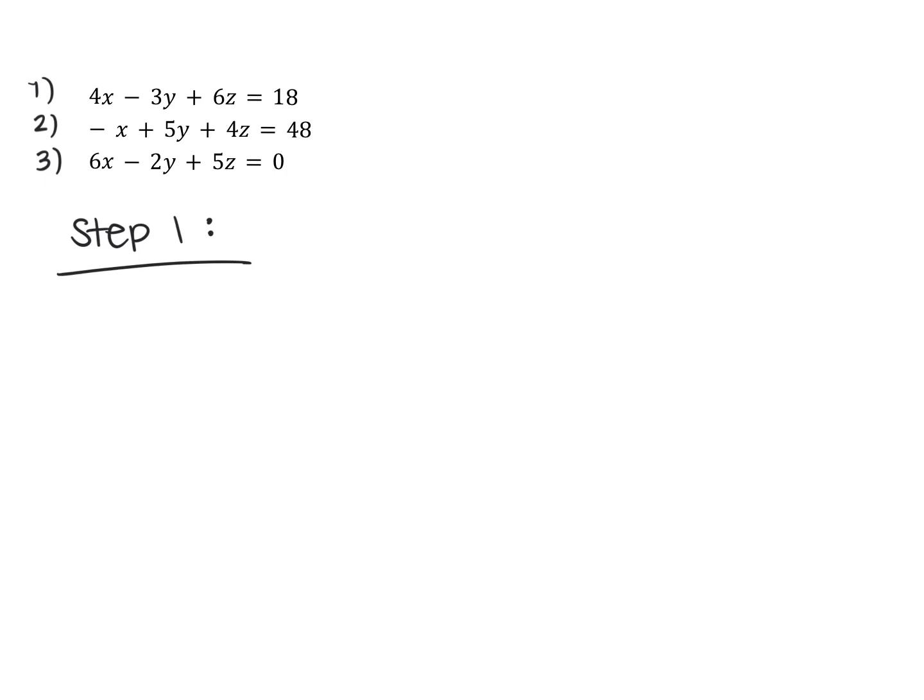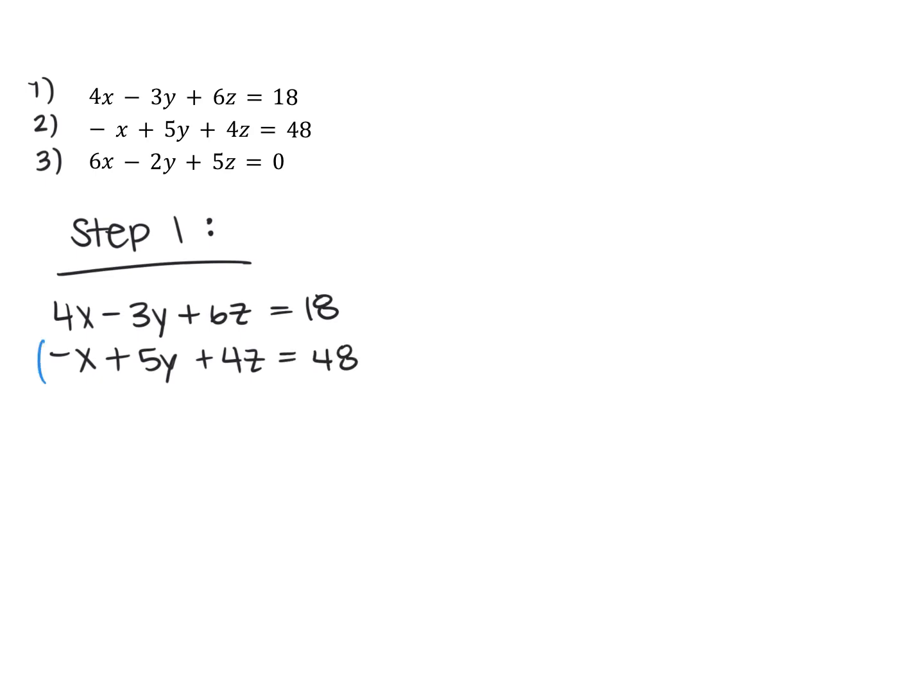It may be negative 1 in this case, but it's 1, and it actually is going to still be the easier variable to eliminate. So I'm going to use equations 1 and 2 first, so 4x minus 3y plus 6z equals 18, and then negative x plus 5y plus 4z equals 48.